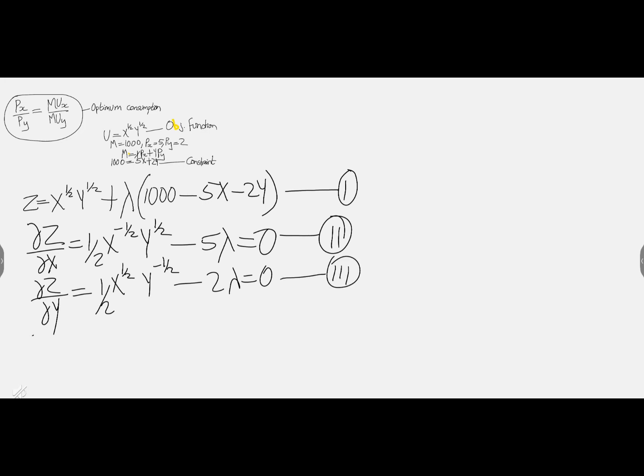Then changing z with respect to lambda, that's just what is here. Just bring what is beside lambda out. Equals to 0.